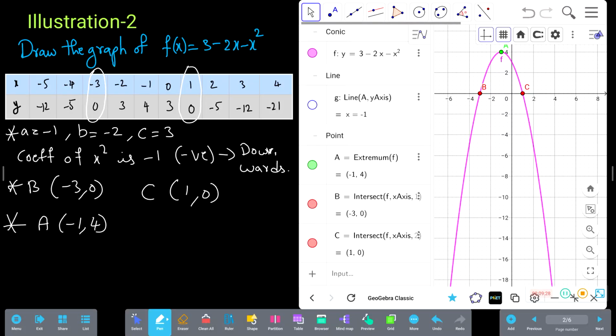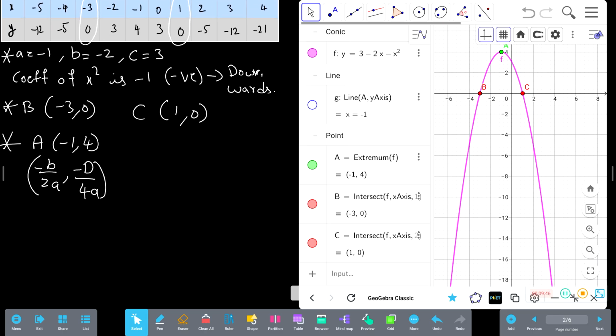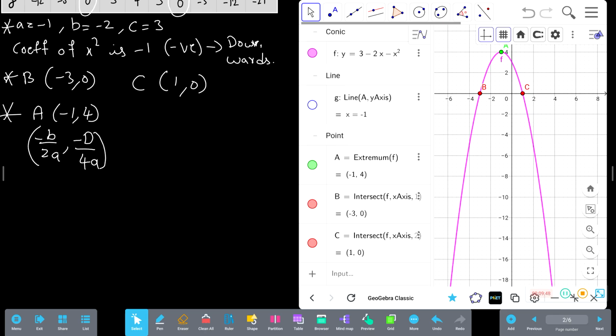We know already the formula to find out the vertex: minus b by 2a, minus d by 4a. Okay, if you substitute the values here, we can easily find out the vertex.